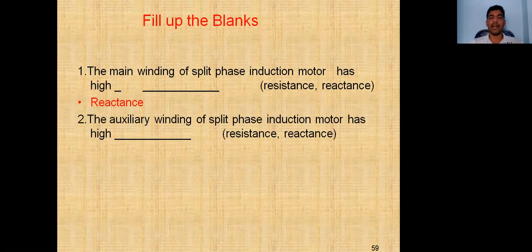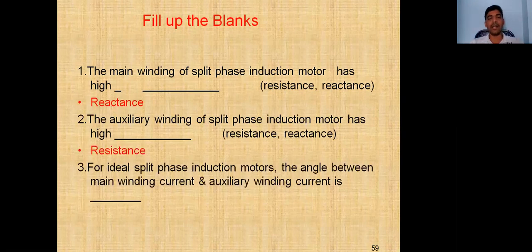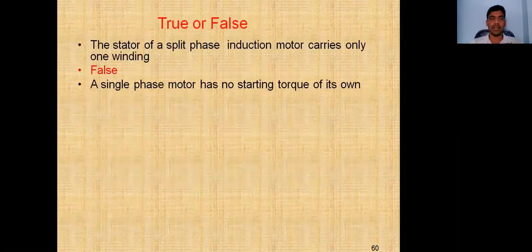The auxiliary winding of a split phase induction motor is resistive in nature. Auxiliary winding has resistance. For ideal split phase induction motors, the angle between main winding and auxiliary winding should be 90 degrees.